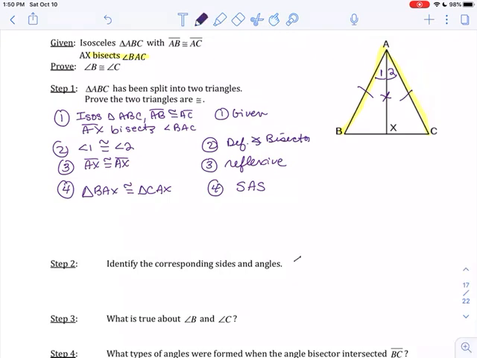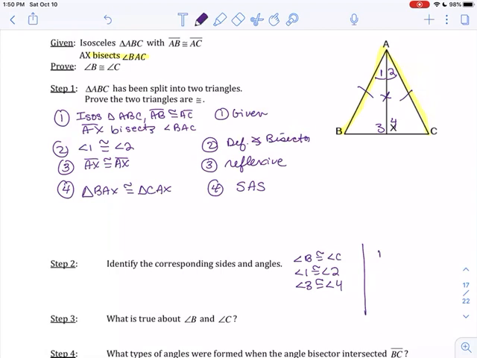Now what are all the corresponding angles and sides? That's what step 2 is asking us to say. Well, the angles are pretty easy. Angle B is congruent to angle C. This will be a little bit harder because I have to use the three letters, BAX. Well, actually, I'm going to take that back. I'm just going to call that angle 1 and angle 2 because I already have numbers there. So angle 1 is congruent to angle 2. And I can even put numbers here, 3 and 4.